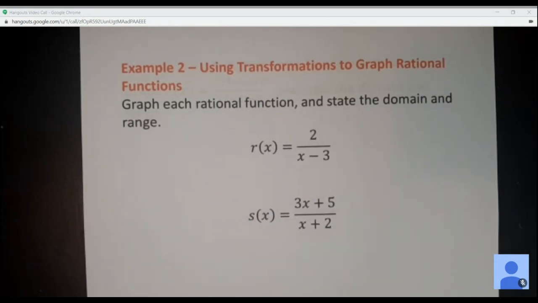All right, so let's take a look at these now. So we're going to graph each of these functions, and we're going to state domain and range again. Okay, but this time we got a little bit more going on than we did before.